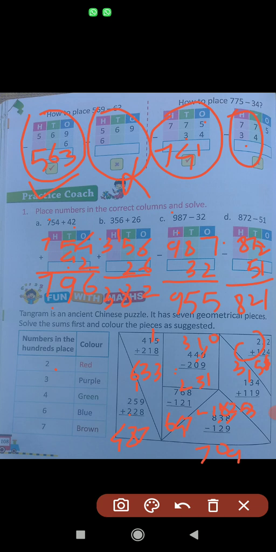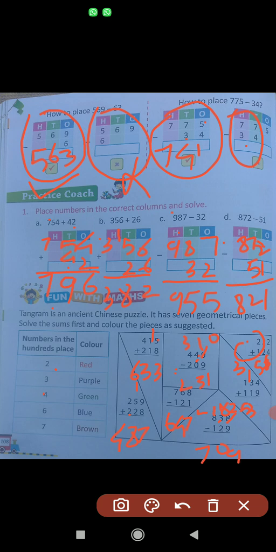Okay, 3 comes in the hundreds place. 232 plus 124 is equal to 356. So color it with purple color. Okay.